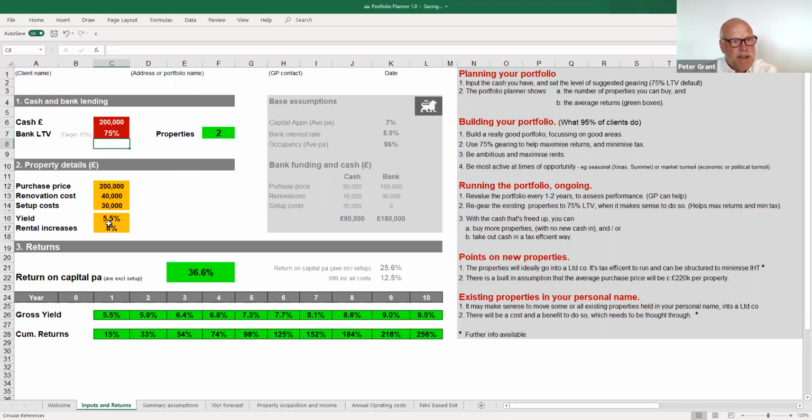So the next set of drivers are less sensitive. For example, the interest rate that you get charged. We've got the bank interest rate over here set at 5%. And let's say you say, well, that's ridiculously expensive. It's probably the reality of what you're going to have to pay, or close to it.